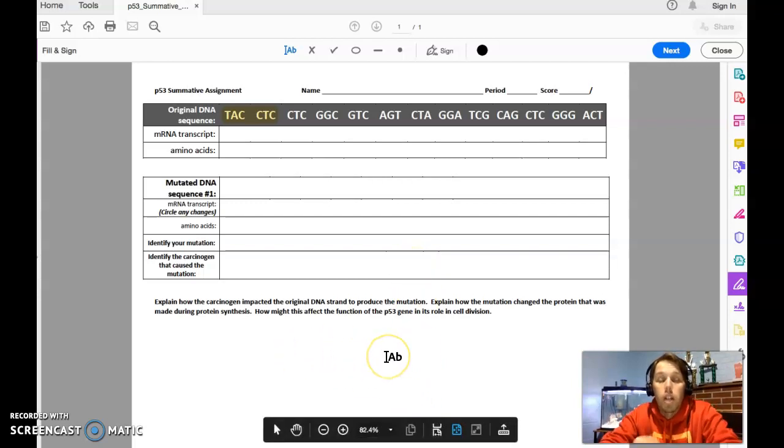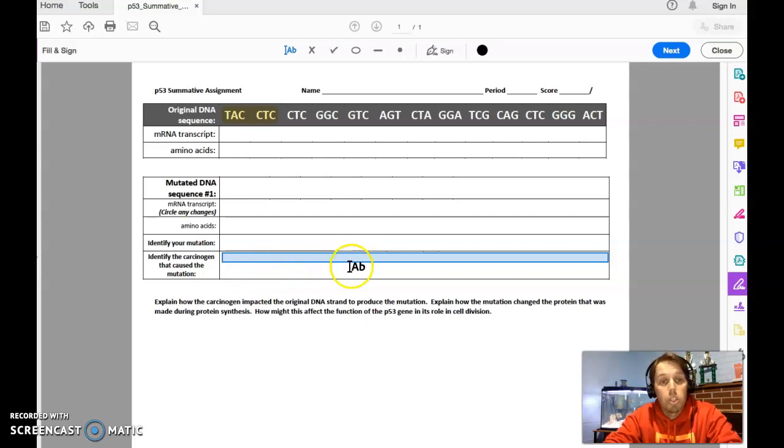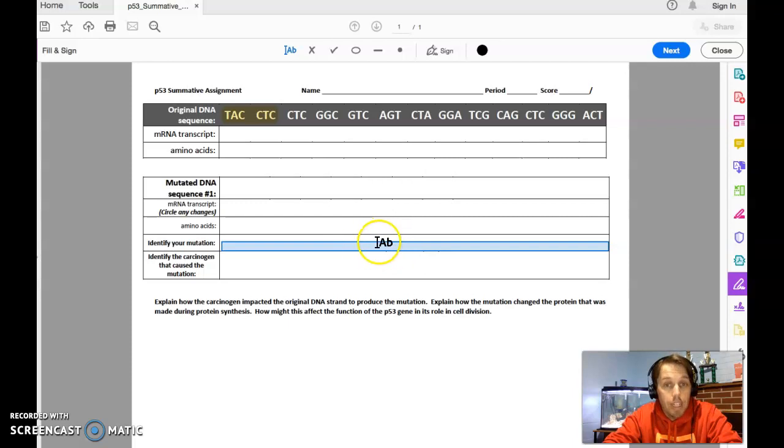Finally, down here you're going to write a little story. You're going to write a paragraph that explains who all of this information up here is about. So it'd be this person. You're going to explain how they were exposed to the carcinogen, explain what mutation it led to, and then what happens after that.